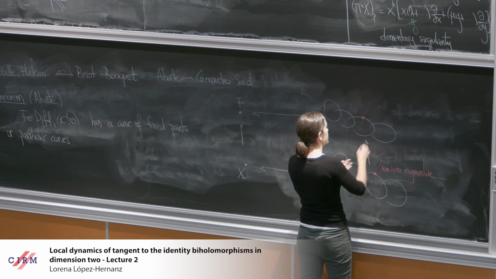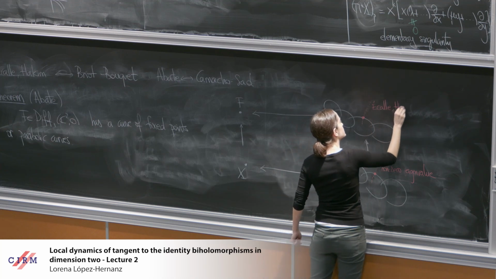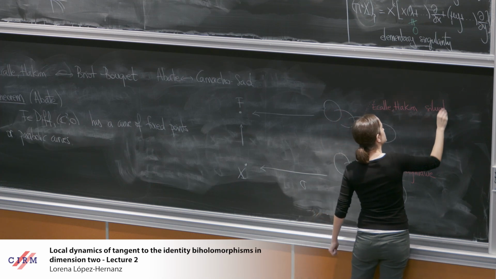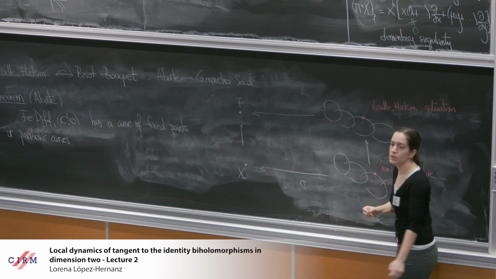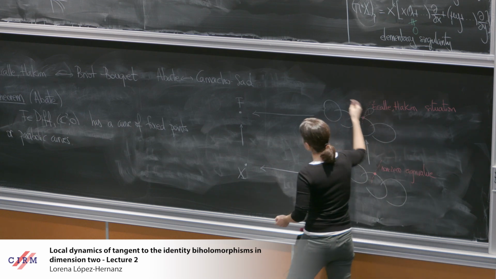So here we are in the Ecalle-Hakim situation. Okay, so you find here the parabolic curves, and you can blow them down.